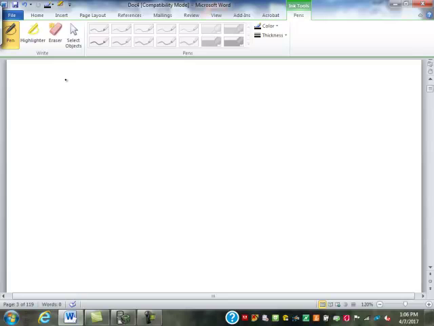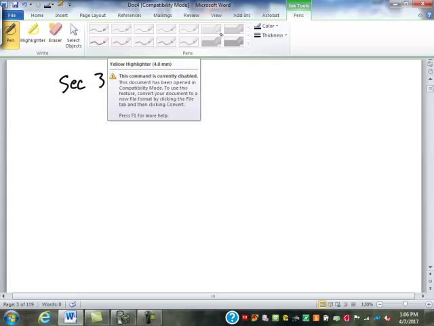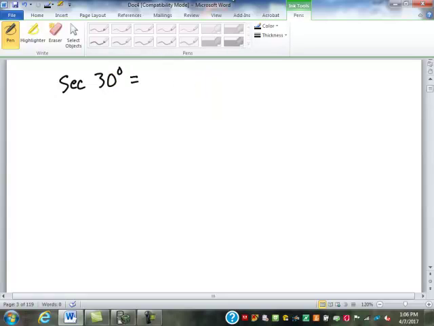So I want you to calculate on your calculator for me the secant of 30 degrees. What function on the calculator are you going to use?